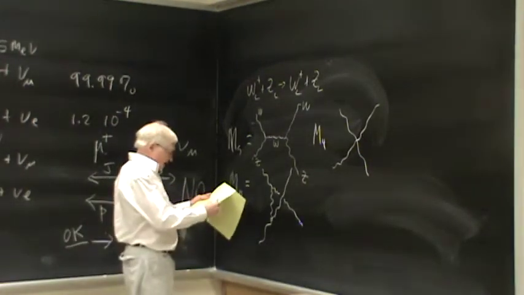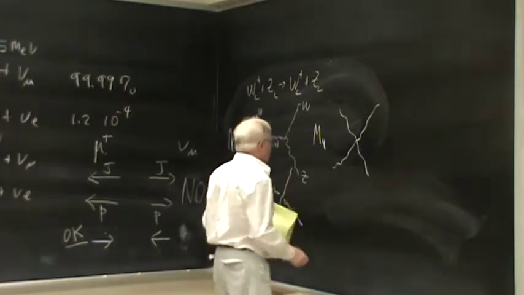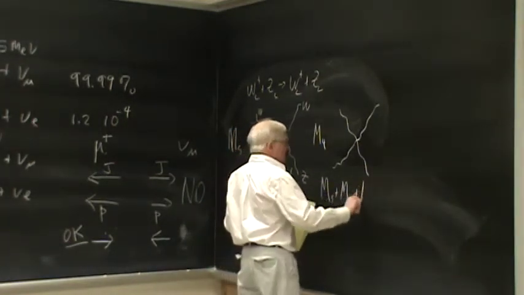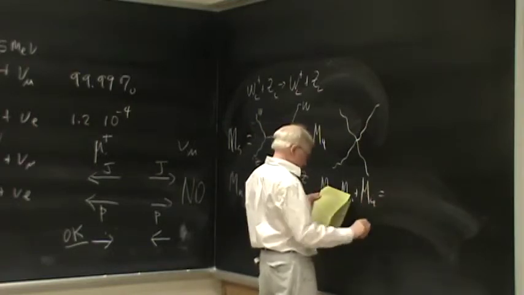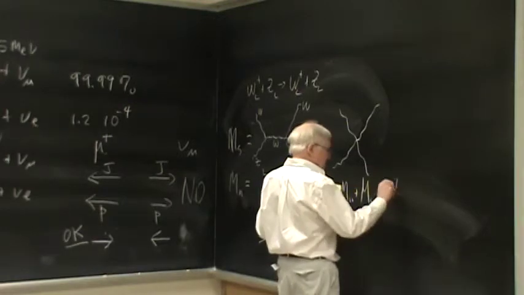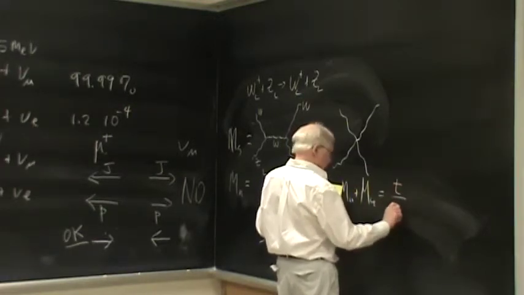Okay. If you add them up, MS plus MU plus M4 is approximately T over V squared.